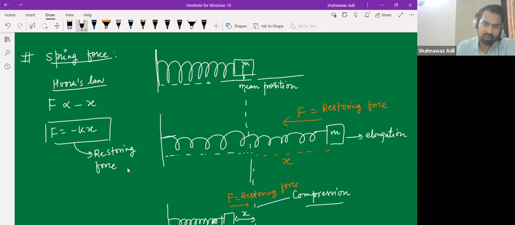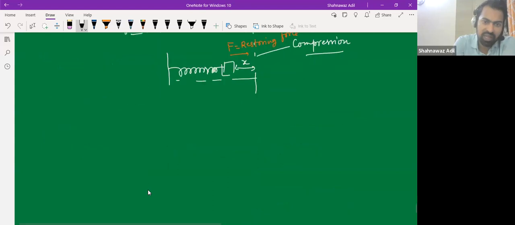And this is also a conservative force that we discussed. Okay. So now we have to find out what would be the potential energy of this spring, right? So what do we know?